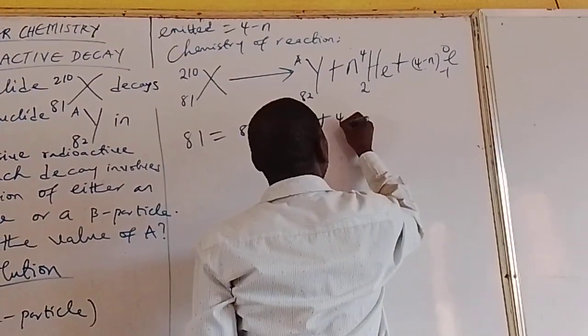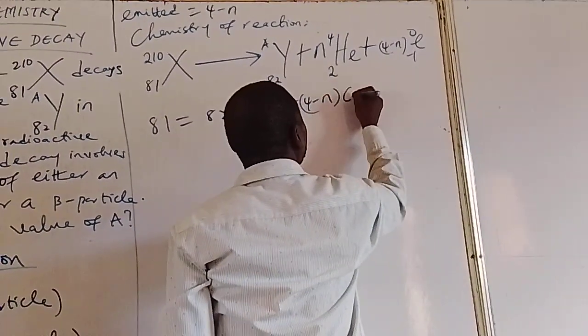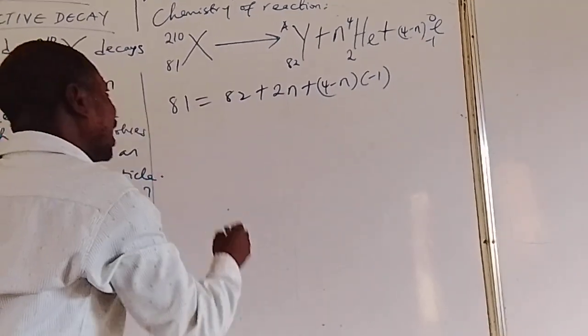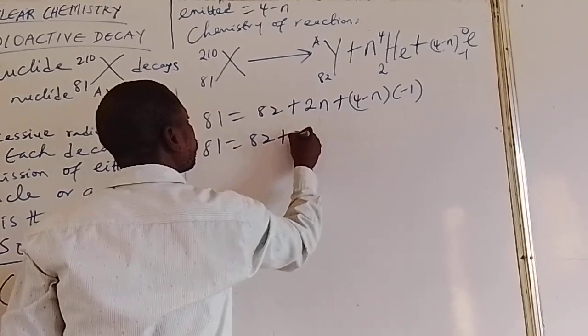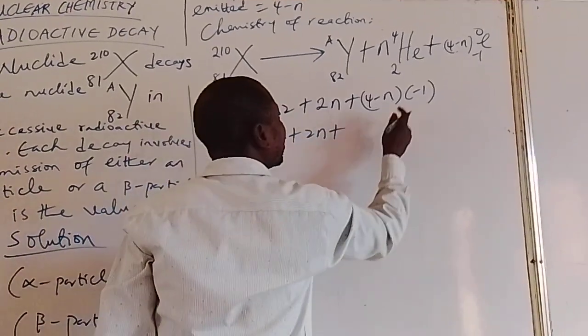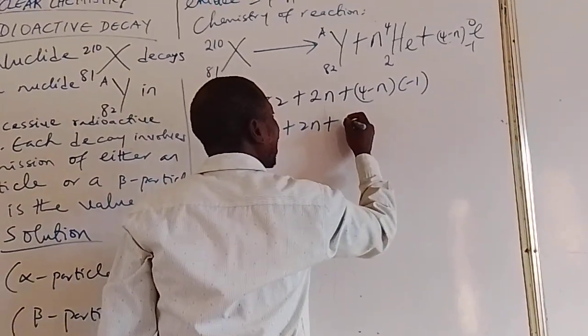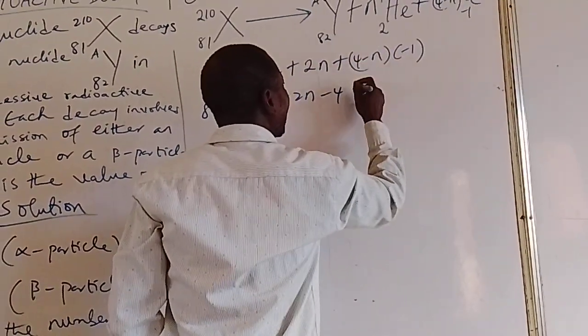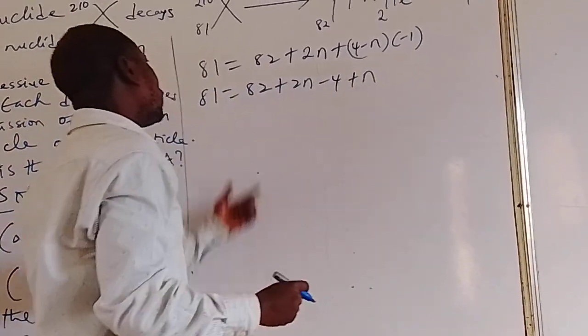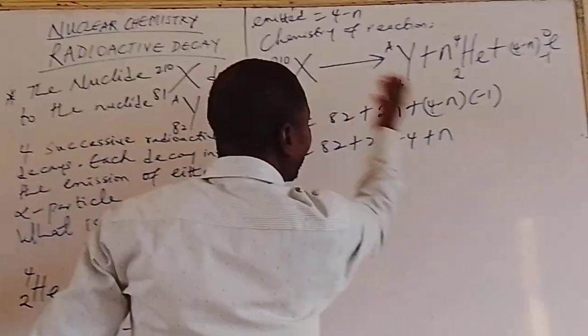So 4 minus n multiplied by minus 1. We can now say that 81 is equal to 82 plus 2n plus minus 1 times 4, that is minus 4, and minus 1 times n, that is plus n. So this is the reactant, this is the product.